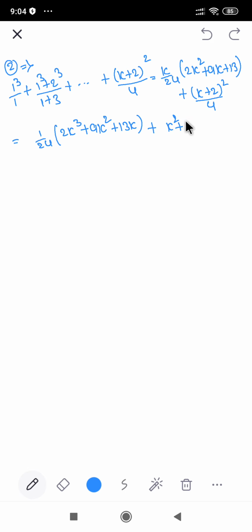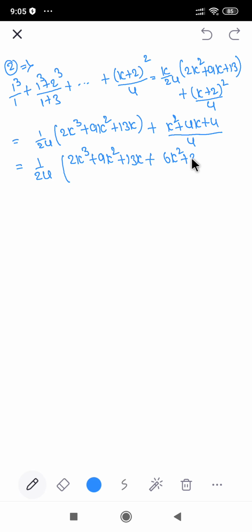So here 1 by 24, multiply k inside: 2k cube plus 9k square plus 13k, plus the expansion of k plus 2 whole square, k square plus 4k plus 4, expanding in the form of a plus b whole square. Now entirely we can go for LCM, which gives 1 by 24. So 2k cube plus 9k square plus 13k, and because of LCM a multiple of 6: 6k square plus 24k plus 24.